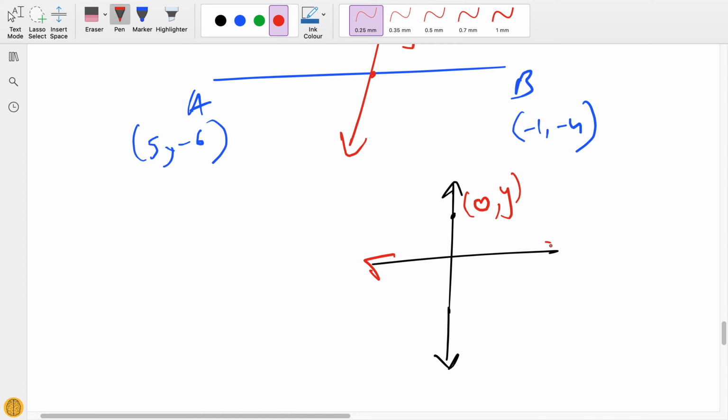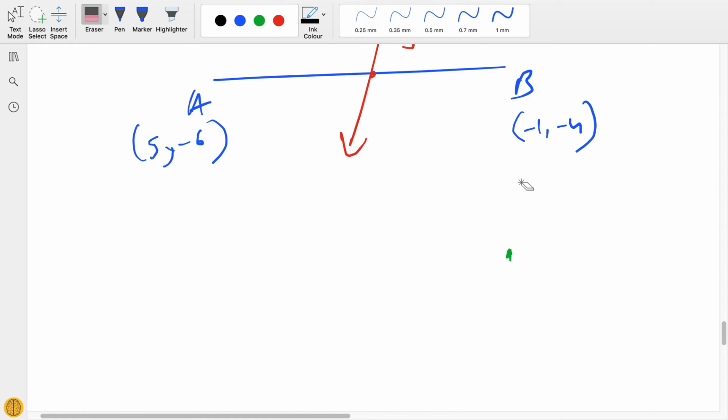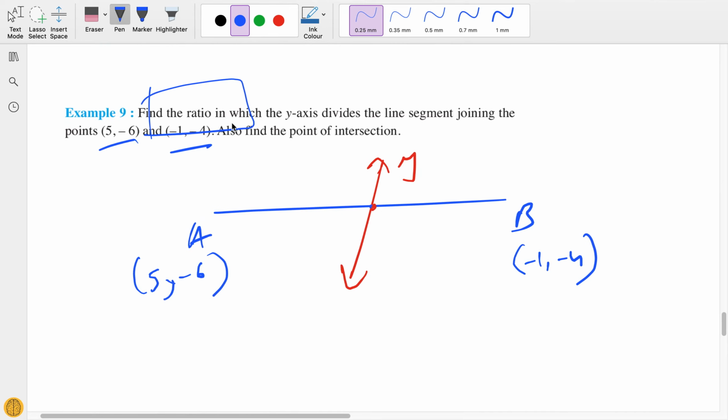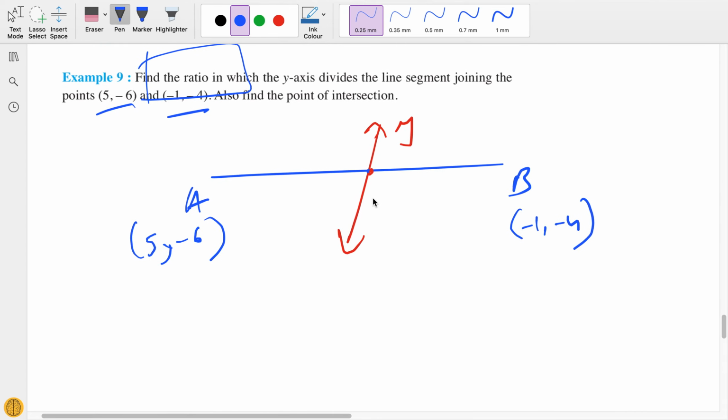And if you have any point on the x-axis, then its y coordinate is 0, like 3 comma 0 or 4 comma 0. So for a point on the y-axis, the x coordinate must be 0. This is the trick here. So we know the x coordinate of this point is 0, and the y coordinate is any y, and we have to find the ratio.